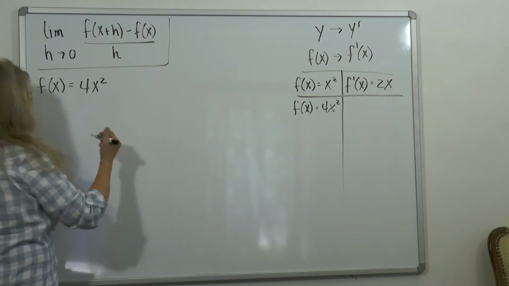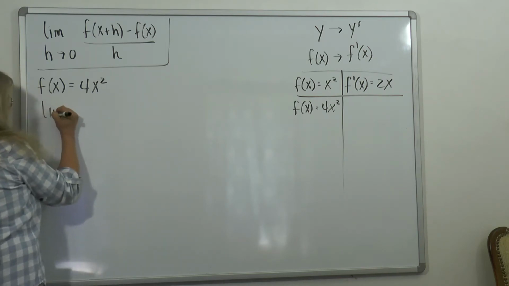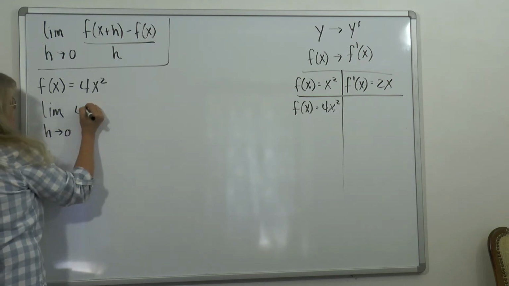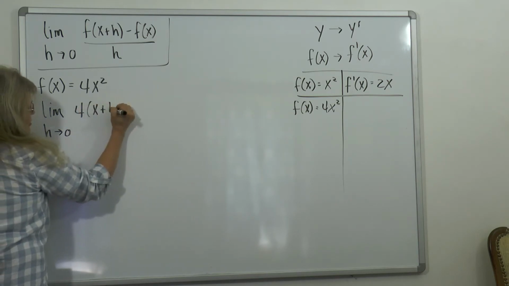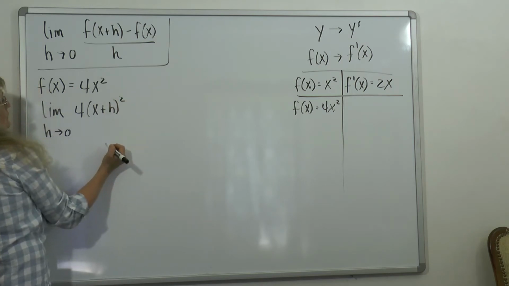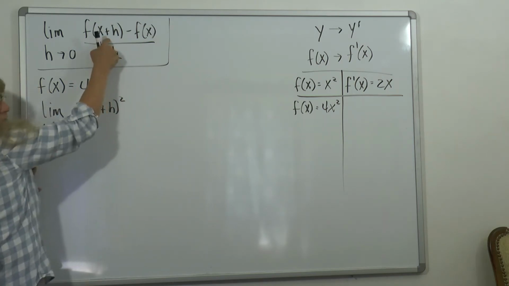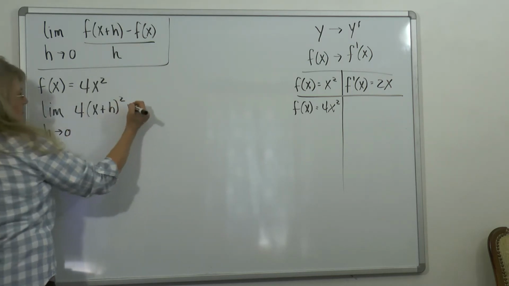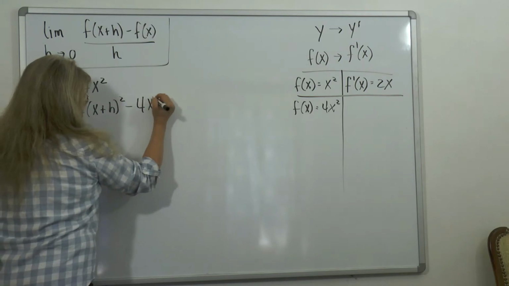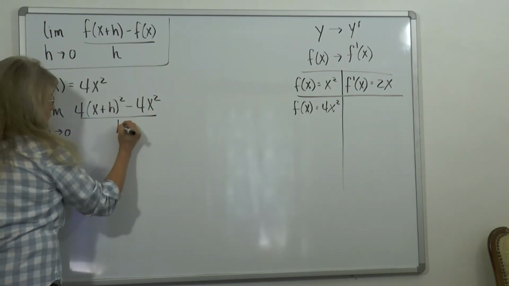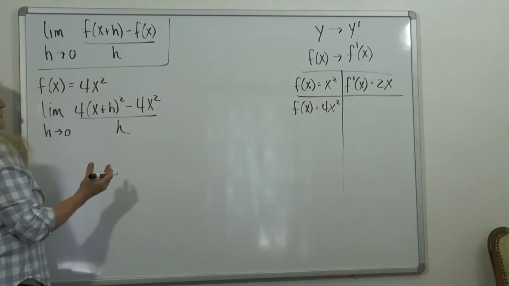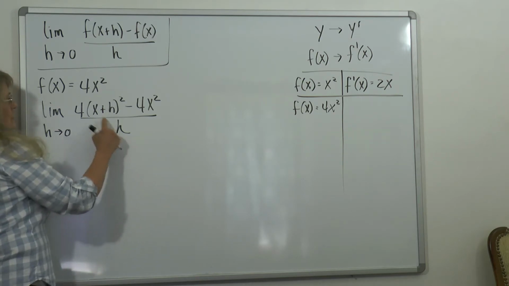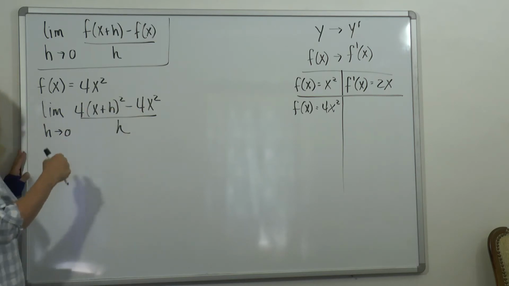Remember, the exponent only applies to what's directly under it. So we have our limit as h goes to 0 of 4 times quantity x plus h squared. You just replace this x with x plus h. Then minus f of x. Well, f of x is given to us, so we just subtract that. And then the whole thing is over h. Just like with the other limits, I can't let h equal 0 because of division by 0. So I have to simplify up here and get that h to cancel.